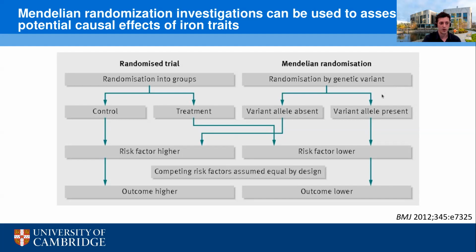If we focus on one single polymorphism, and assuming that the polymorphism is protective, then if the polymorphism is present, we will have lower levels of the risk factor and lower levels of the outcome. And the opposite would happen if the polymorphism were absent.